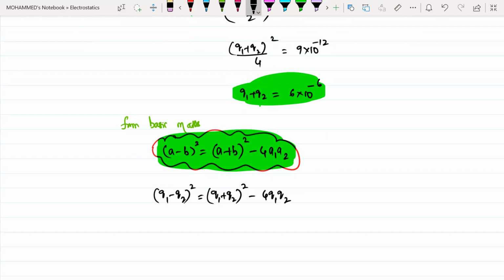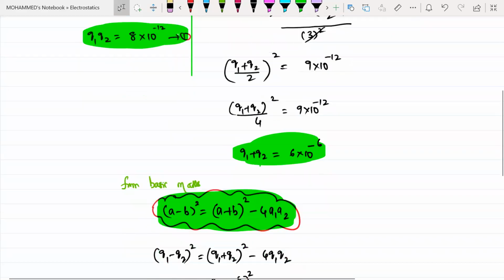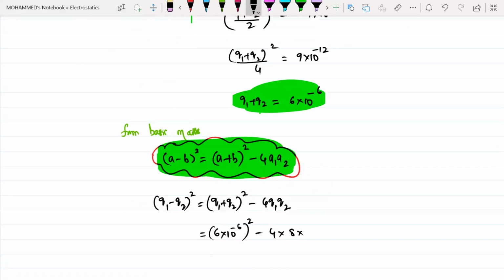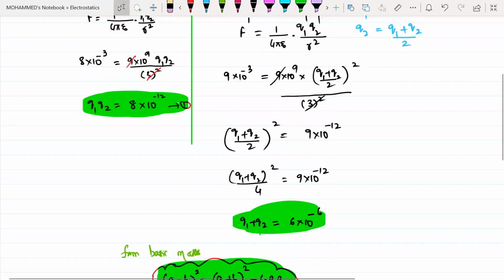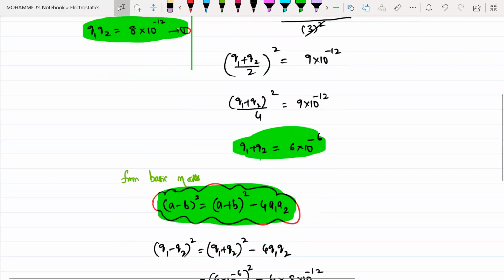Q1 plus Q2 is known for me, beta. How much is it? 6 into 10 to the power of minus 6, whole square, minus 4 into Q1 into Q2. How much did we get for Q1 into Q2? Q1 into Q2 is 8 into 10 to the power of minus 12.